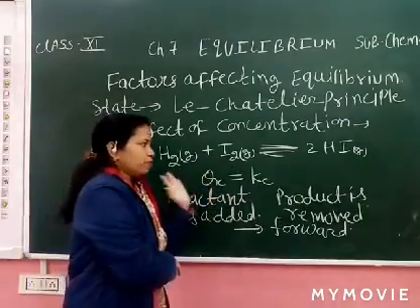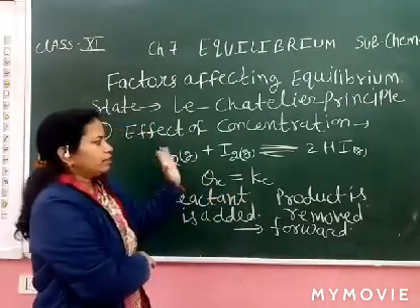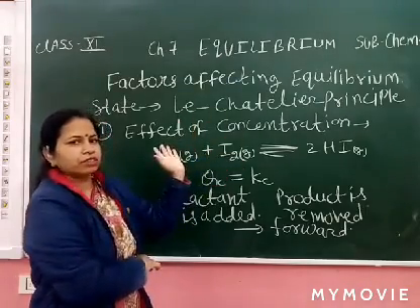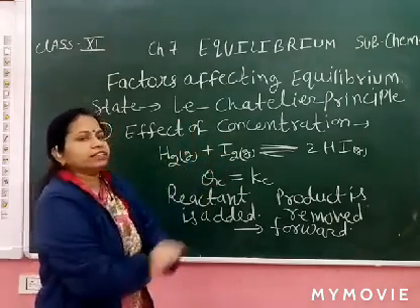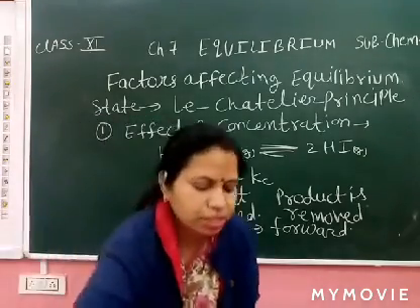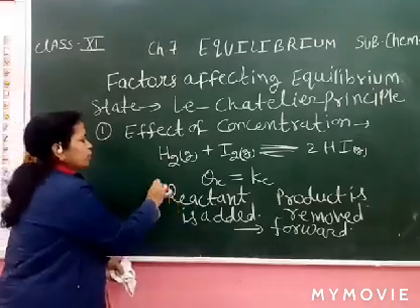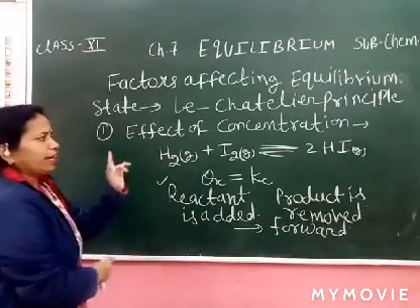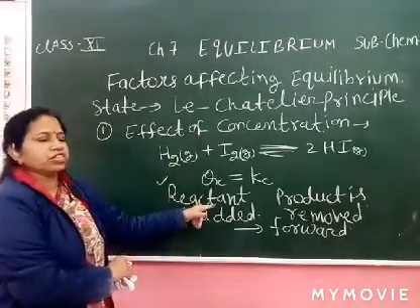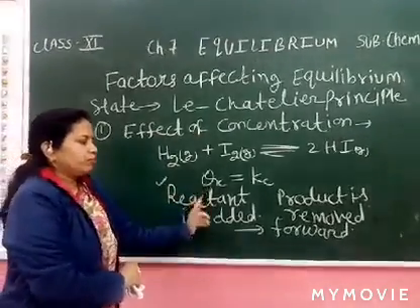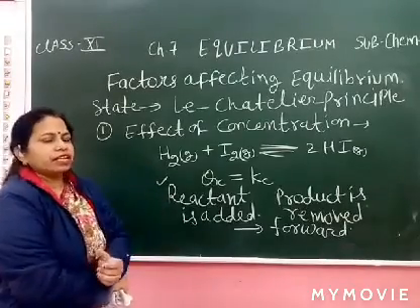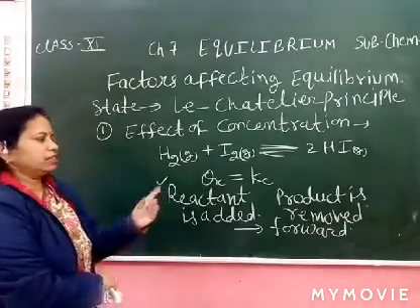Now, second point, when reactant is removed, what happens in this condition? You can write down this point. This is very important. In any chemical reaction, when the concentration of the reactant is increased, in the forward direction, products are present in maximum yield, high yield.